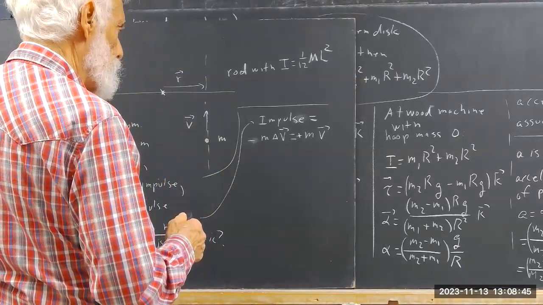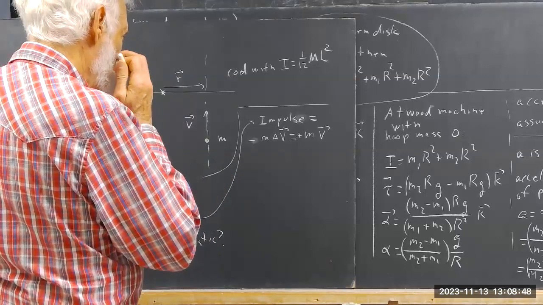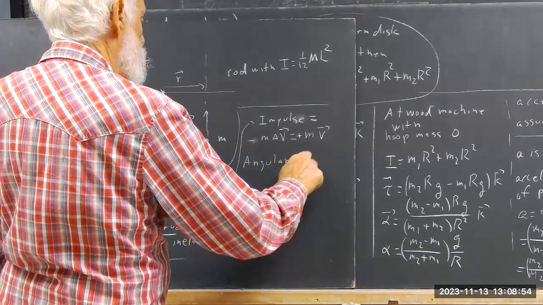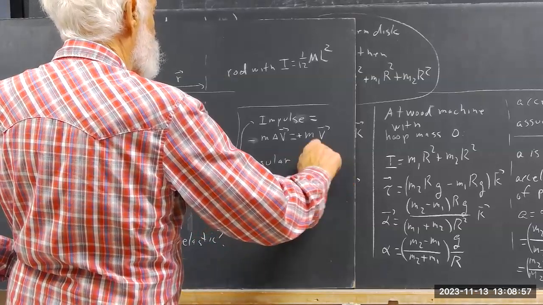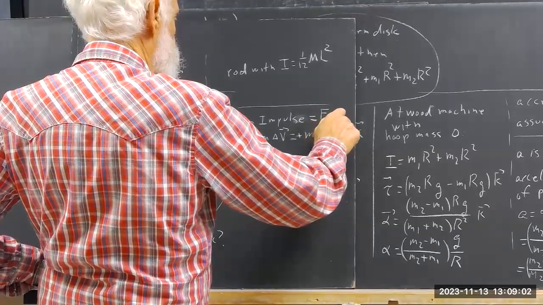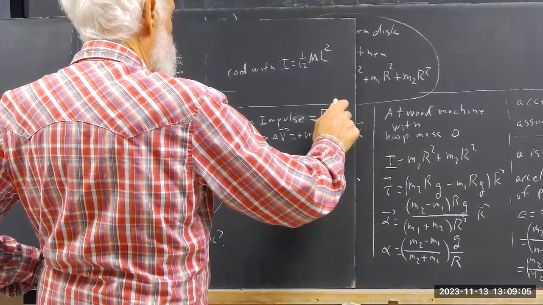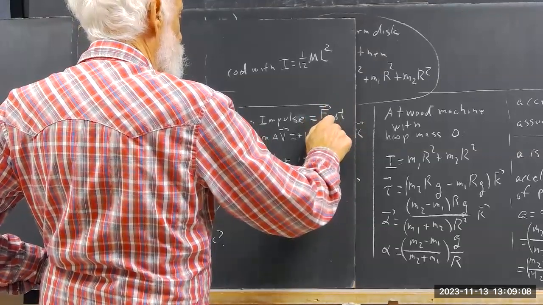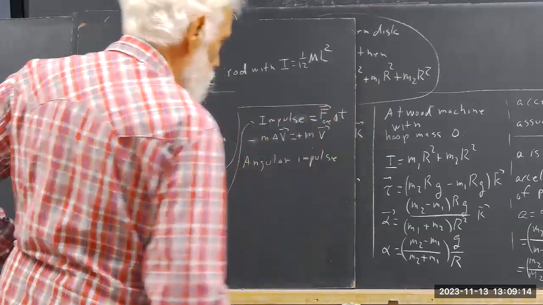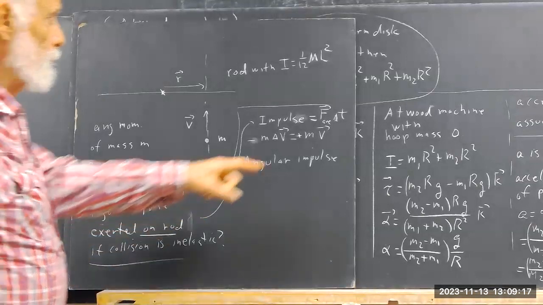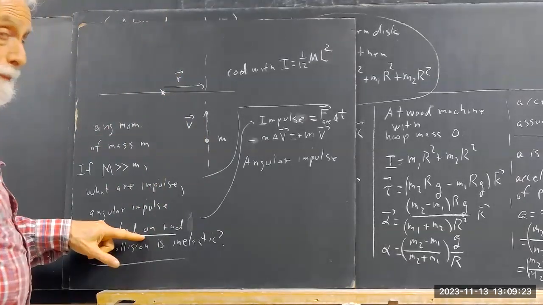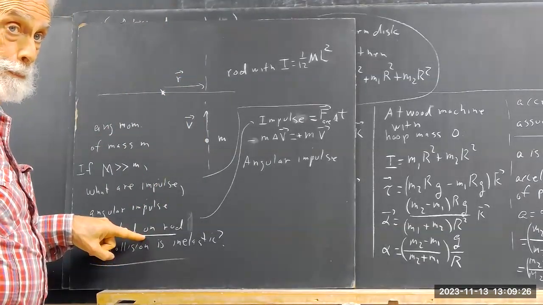So what is angular impulse? First of all, your impulse is average force times delta T, which means the integral of F with respect to T. And this is the force exerted by the mass on the rod, because that's the force that we're trying to get.